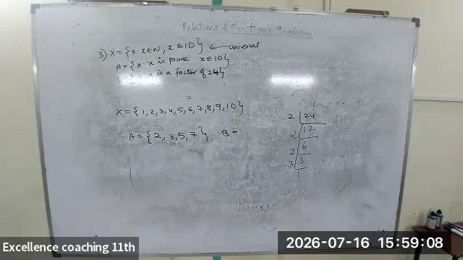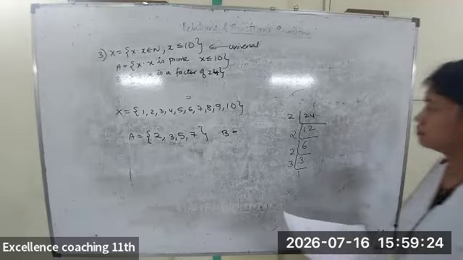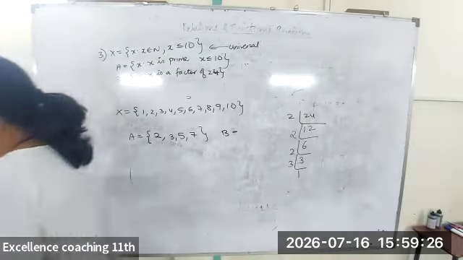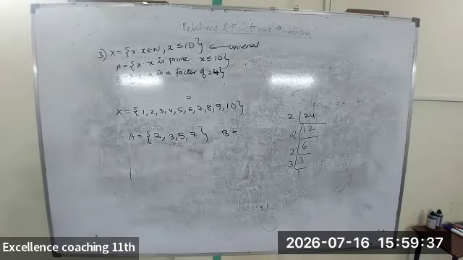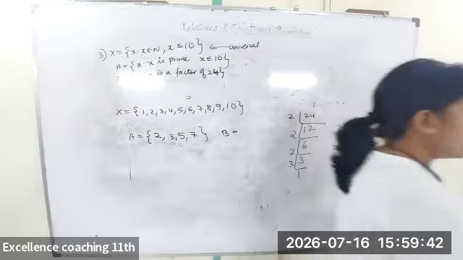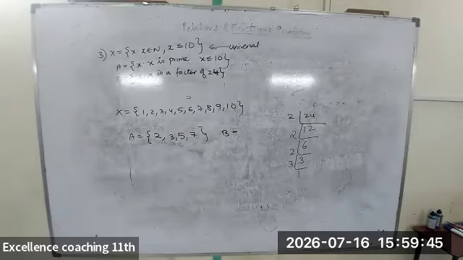Getting the answer verified, same method and answer. But they have actually made a mistake in the question, because the universal set has to be bigger than this.